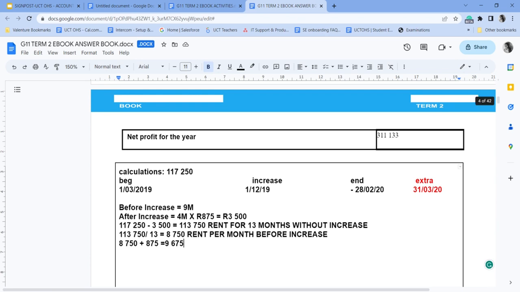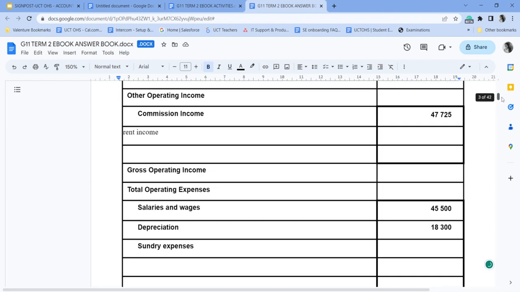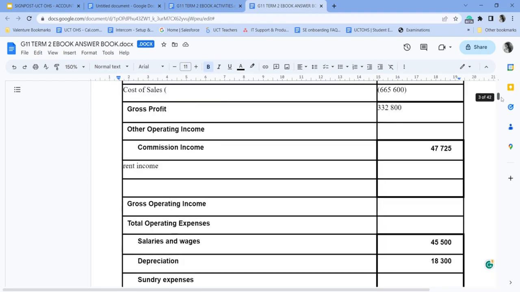So with this calculation, how are you recording it in your income statement? Let's go up. In your income statement, you've done the calculations in the calculation space provided. So the only thing that you are doing there is you will just put in your total rent. The total rent is 117,000 according to the trial balance.